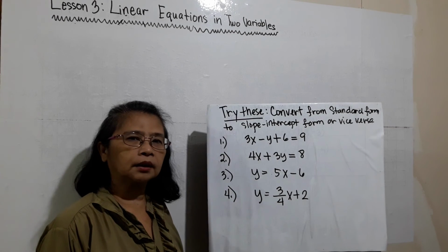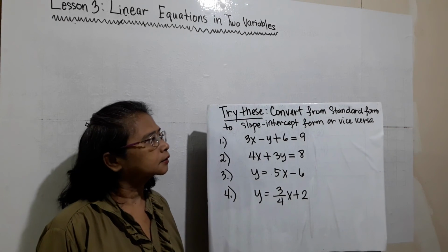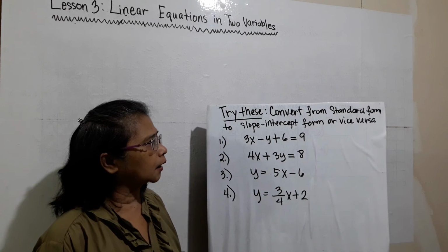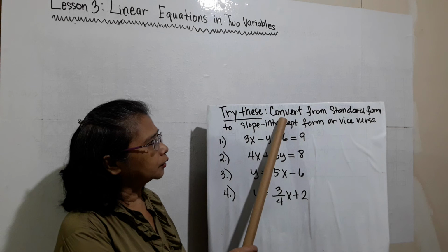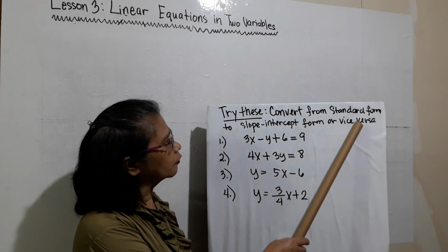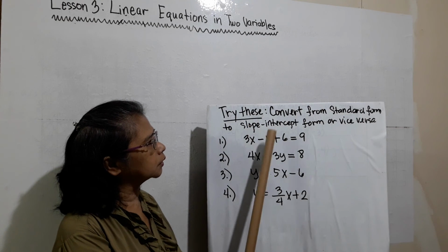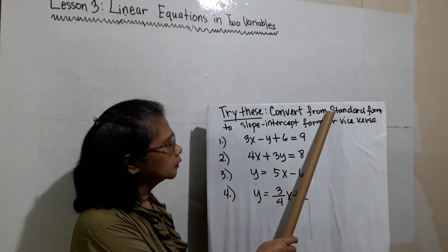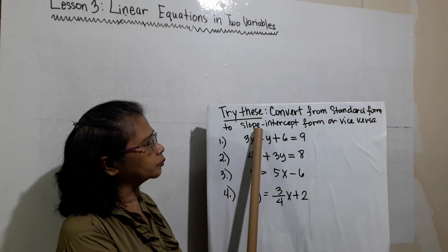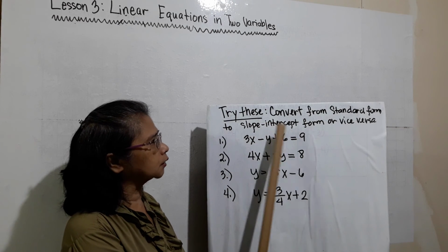Are you done copying all the examples? I think you are ready to try the 4 items here. You are going to convert from standard form to slope-intercept form. If the given is in standard form, you convert to slope-intercept form.